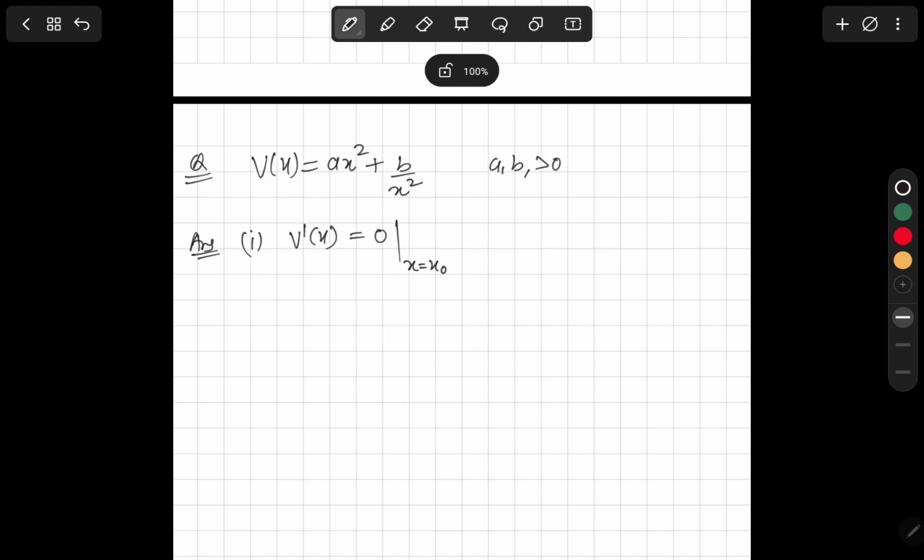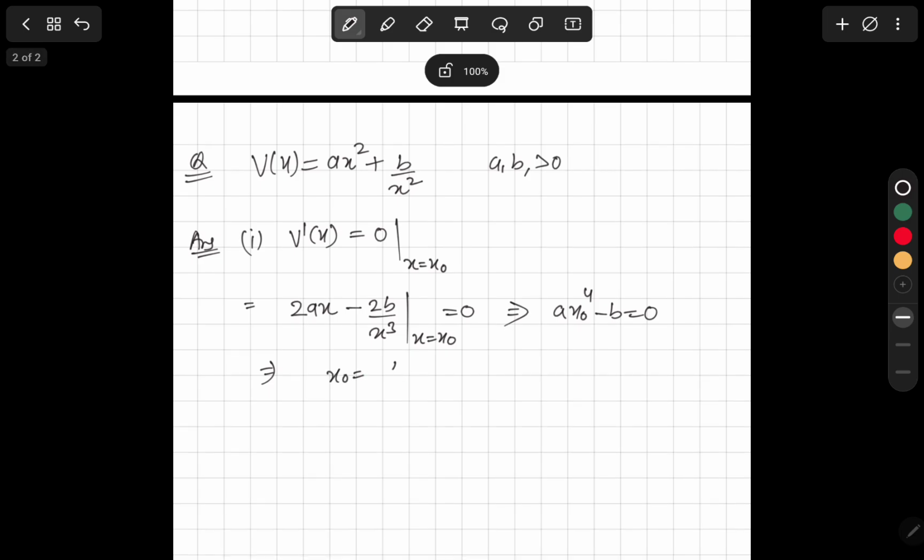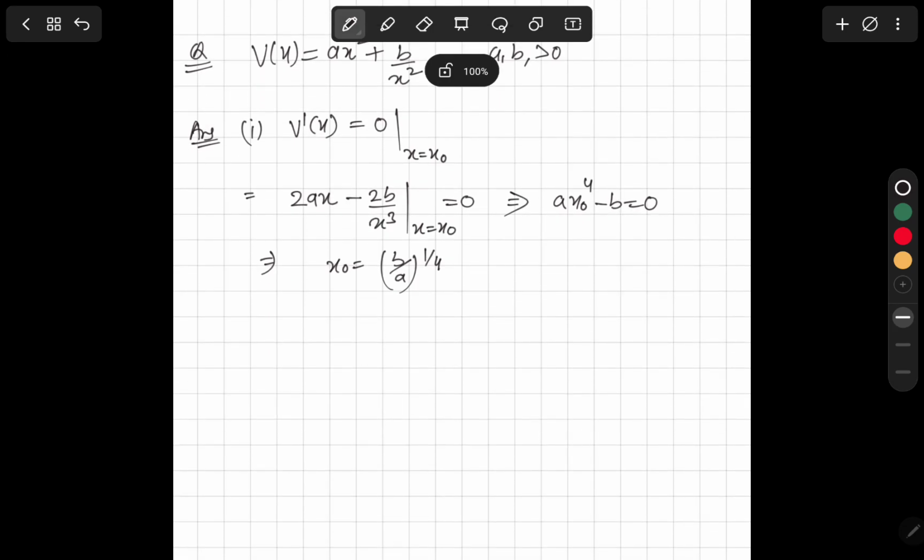If we take the derivative, it is 2ax minus 2b upon x cube, and let's say we are calculating it at x equal to x naught, it should be 0, which implies that a x naught raised to power 4 minus b equal to 0, or we can write x naught equal to b upon a raised to the power 1 by 4. So at this point, the net force on the system is 0.